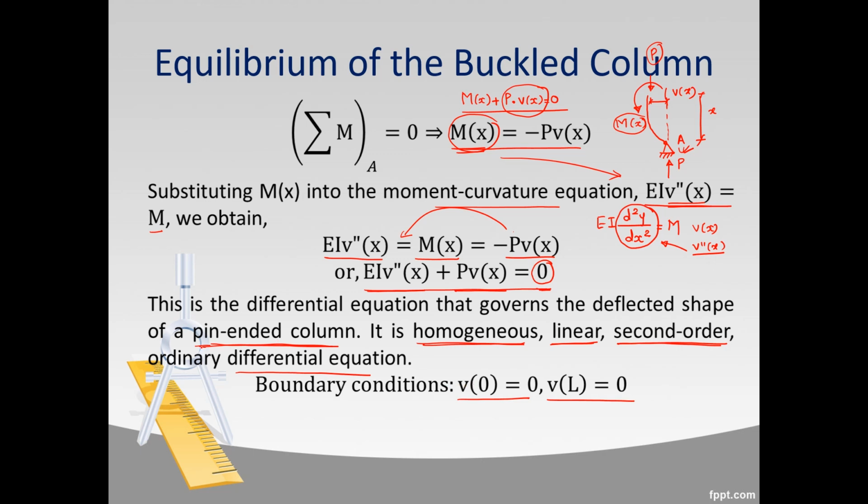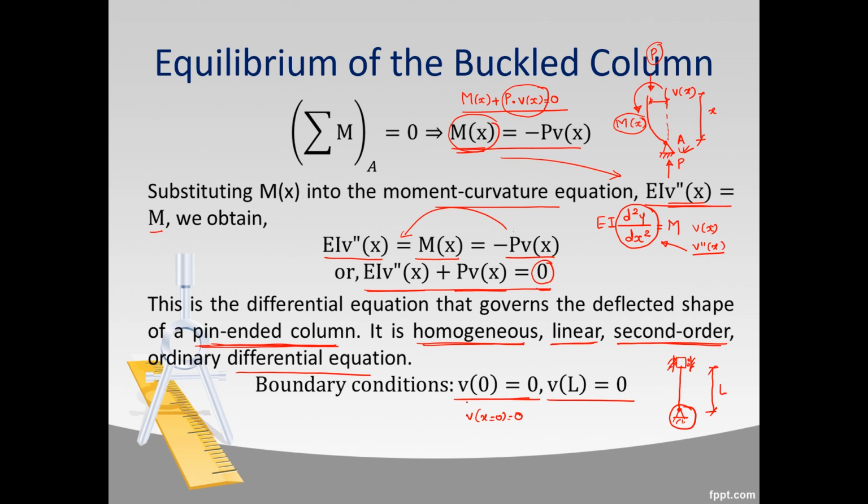Since it is our pin-ended column, if this is our column that we are currently discussing about, the displacement at x equals to 0 is also 0. That means there is no horizontal displacement at this point, neither is there horizontal displacement at a distance L from this point.